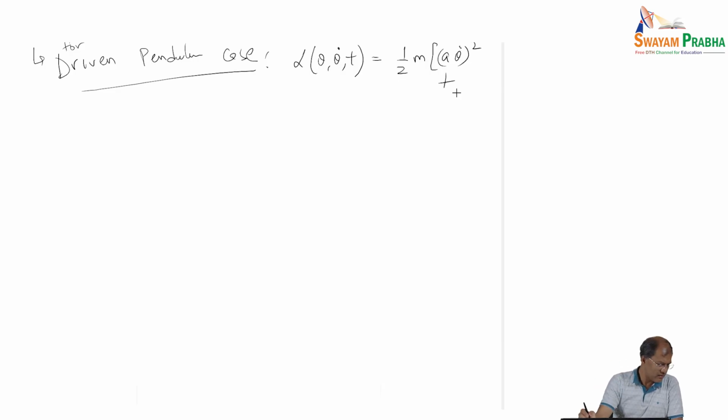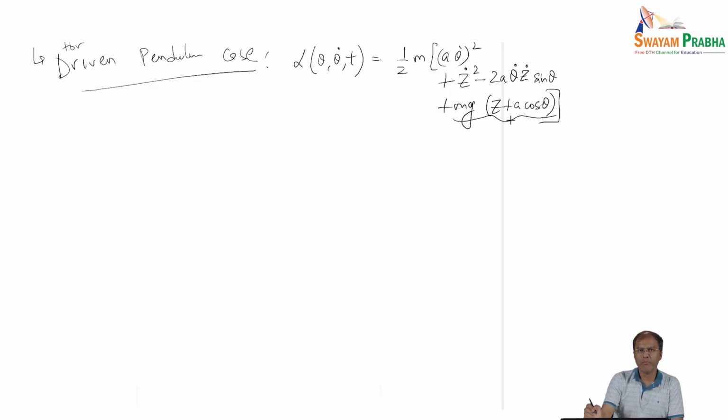So the kinetic energy is a theta dot square plus z dot square minus a theta dot z dot sine theta, plus mg (z plus a cos theta). And the last term is the negative of the potential, so we have put a minus sign which has produced a plus sign. So that is my Lagrangian. So that is my concept of Lagrangian. It is simple. It is T minus V, kinetic energy minus potential energy.